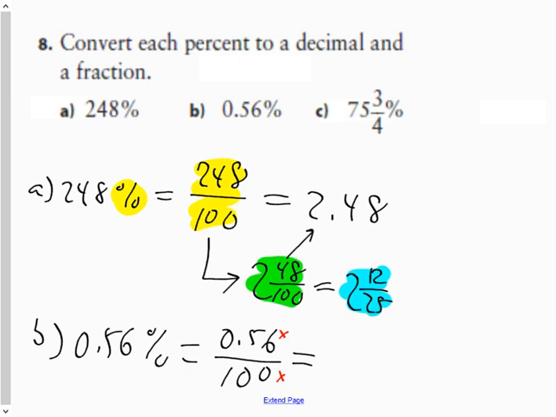How many times do I need to move the decimal place? Twice. So what do I want to multiply it by? 100. If I multiply both by 100, I create an equivalent fraction of 56 over 10,000. And once I have that, that's the fraction part, not in lowest terms, but it's the fraction part.